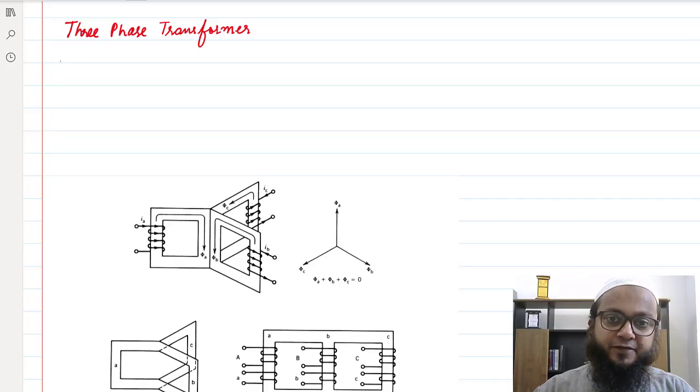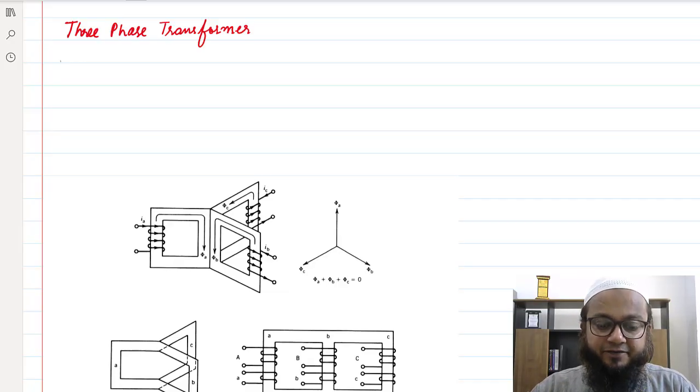So let's say if someone goes by the bank of three single-phase transformers, then the problem with that is obviously it will take a lot of space because the core requirement, winding requirement, everything has increased there. And obviously it would be costly as well.